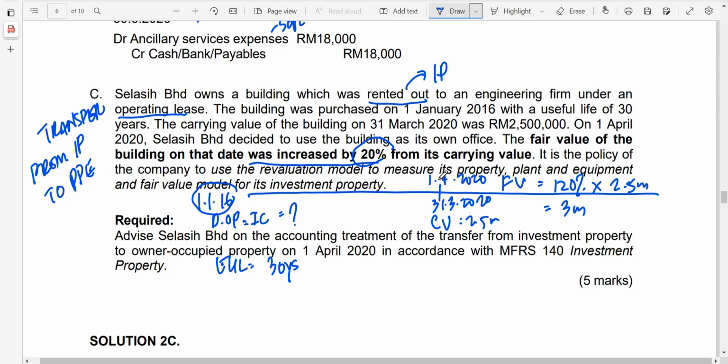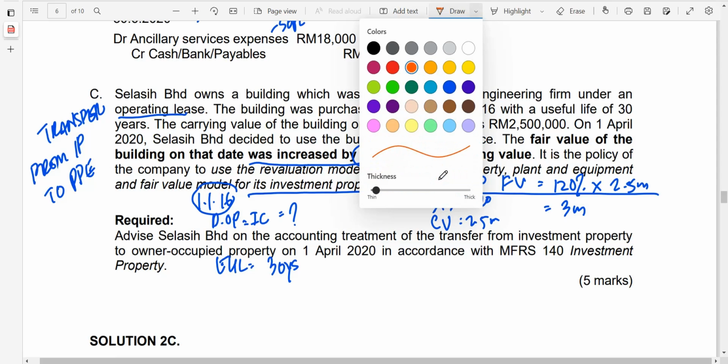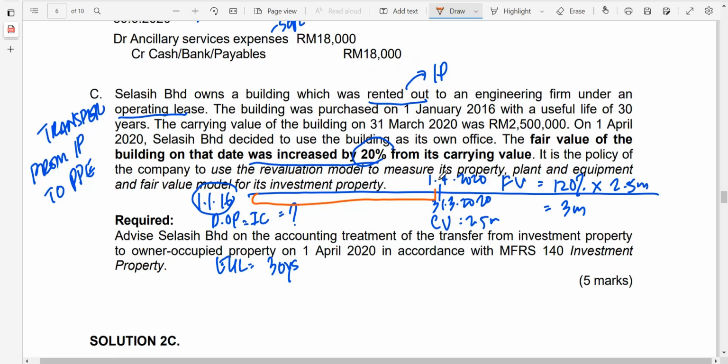It is the policy of the company to use the revaluation model to measure its PPE and the fair value model for its IP. So for the IP, starting from 1st of January 2016, it is using the fair value model, and this is going to be IP.